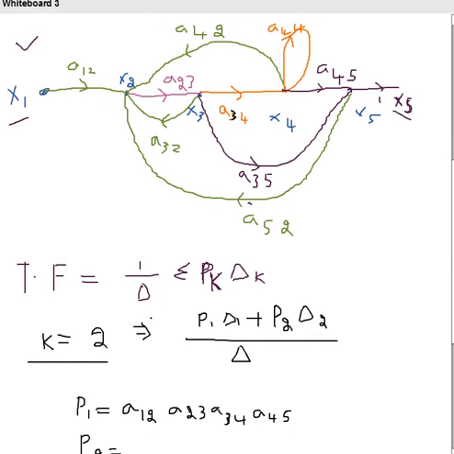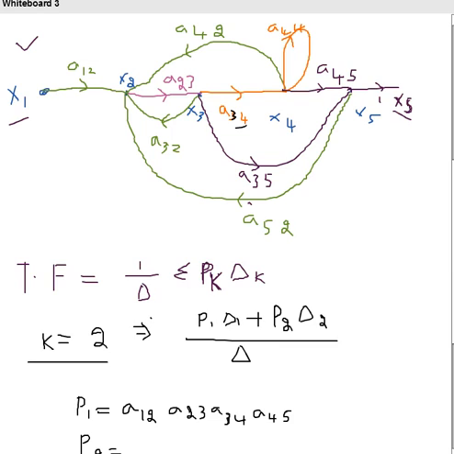One forward path I have given: A12, A23, A34, A45 into 1. This is one path that started at the input node and reached the output node.